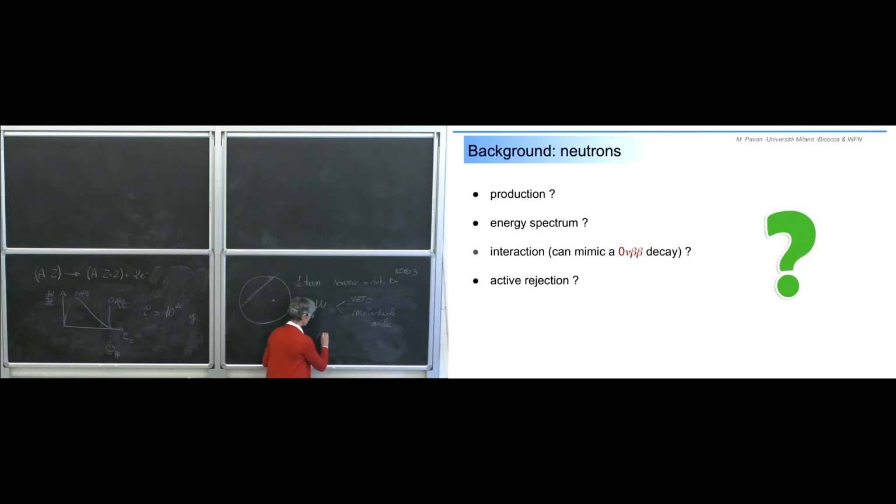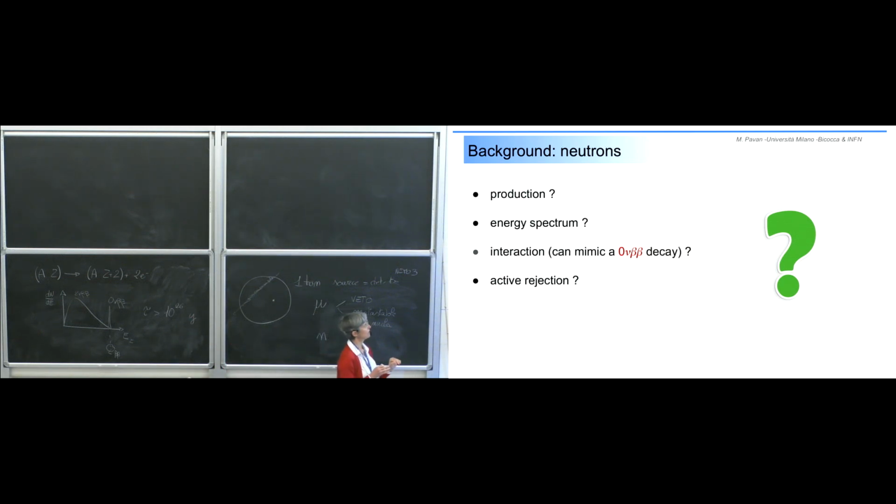Now we have neutrons. Assume I am already underground, because I know from muon-induced background that I have to be over there. What are the sources of neutrons underground? First question.